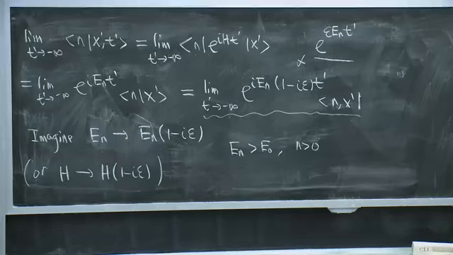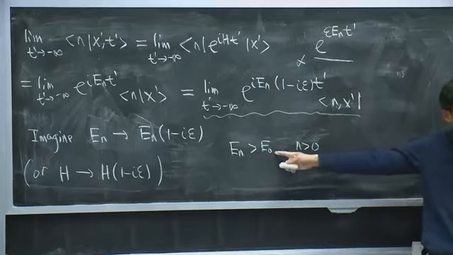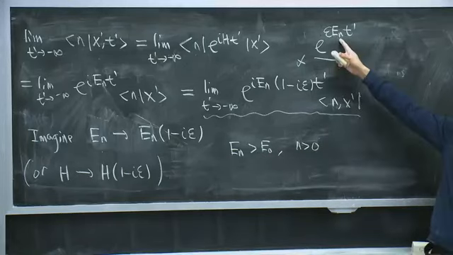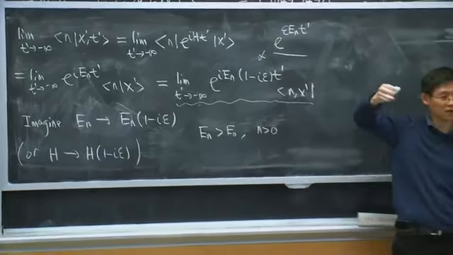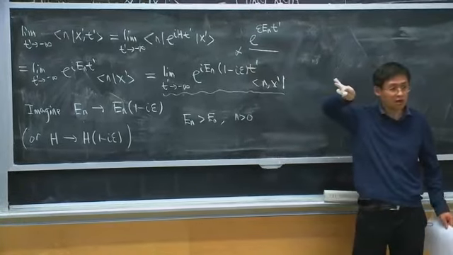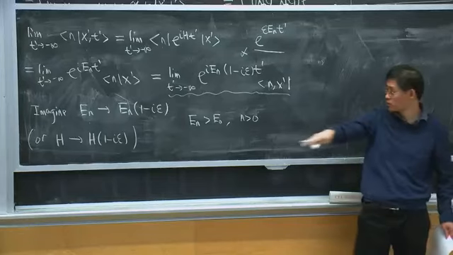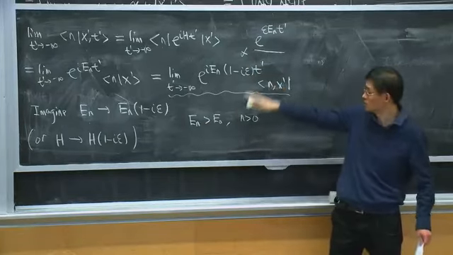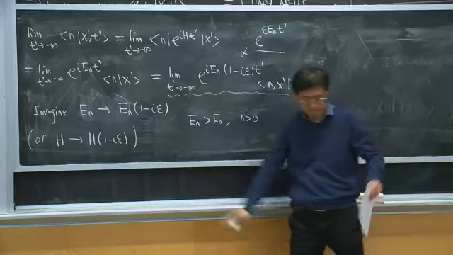So now t' goes to minus infinity, and En is greater than E0. So for any state which is not the ground state, this factor will be exponentially small, goes to 0. So the ratio between this factor and the ground state goes to 0 for any excited state, because En minus E0 is greater than 0, t' goes to minus infinity, and epsilon is positive.